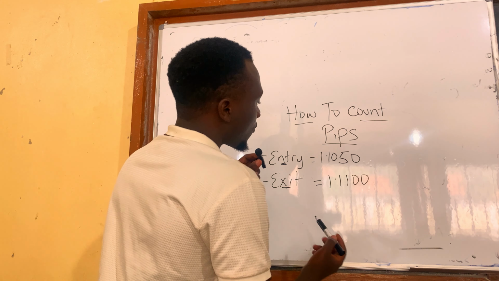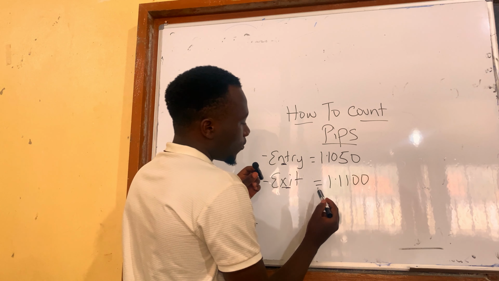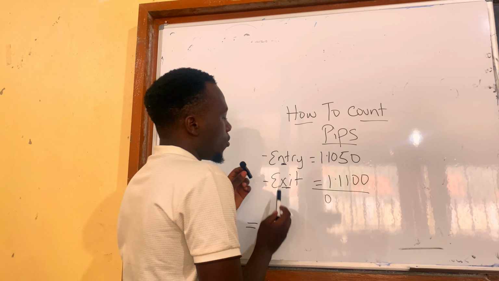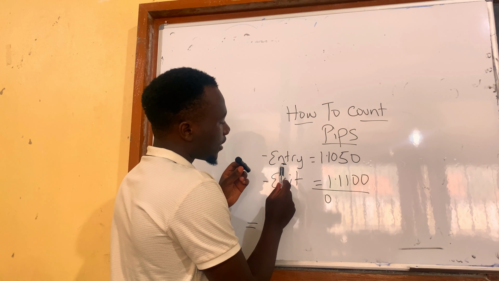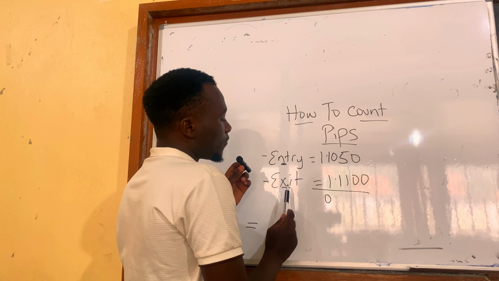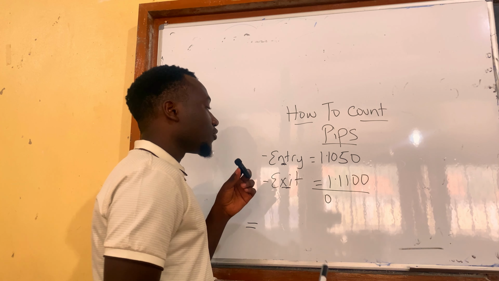So what we are going to do is subtract the entry from the exit. Let's do this as a subtraction. We are going to subtract our entry from our exit, because our entry is where we entered from, and our exit, that's where we want to get out of the trade from.